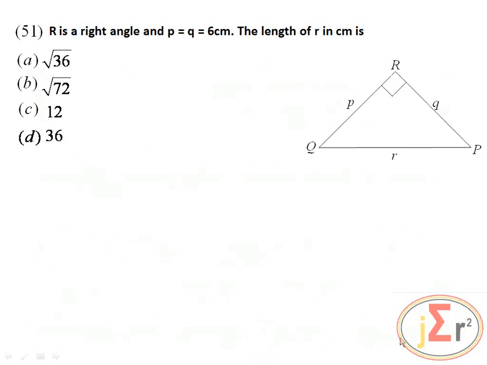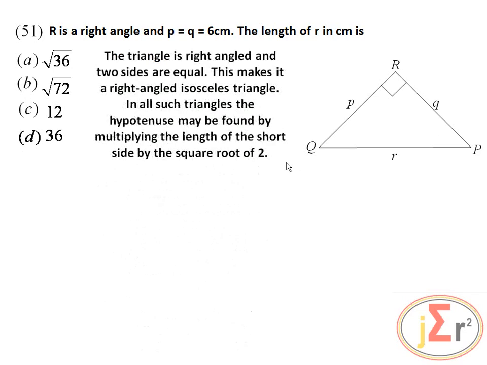R is a right angle and P is equal to Q is equal to 6 centimeters. The length of R in centimeters is, we need to determine the length of R. We have the information already that P is equal to Q, that is equal to 6 centimeters. The triangle is right angled and two sides are equal.